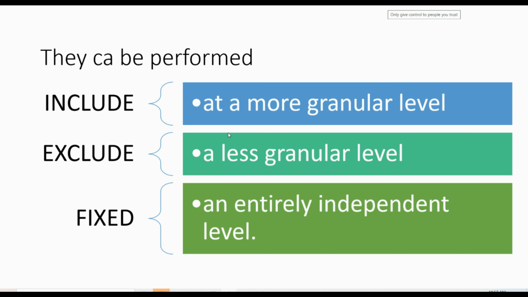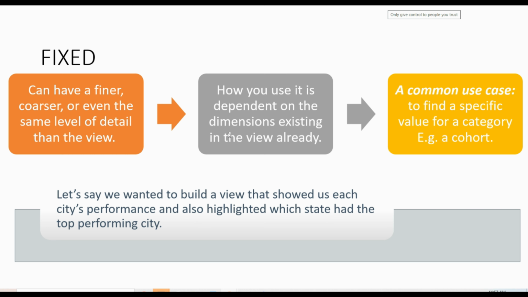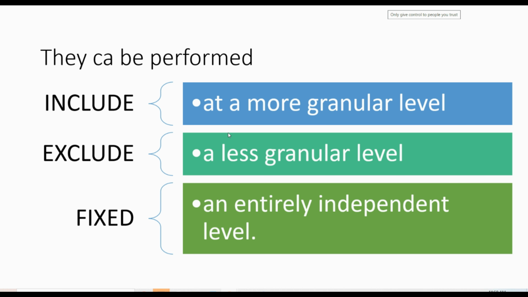They can be performed using include, exclude, and fixed. Include means you include some granular level to it. We'll see with a scenario. You can use include for more granular level, exclude for less granular level, and fixed for an entirely independent level.